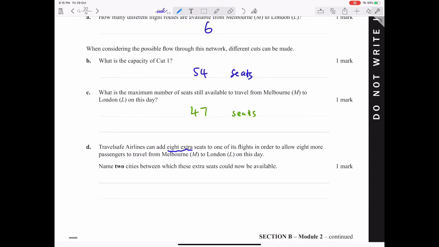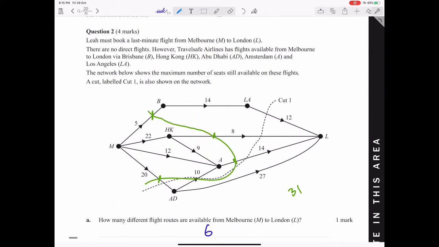So basically, we can do trial and error. So let's say you add 8 seats to this arrow over here. That would make it 13. So this cut over here is no longer the minimum cut if we add 8 to that arrow, because the new minimum cut would go through 12, 8, 14, and also 20.